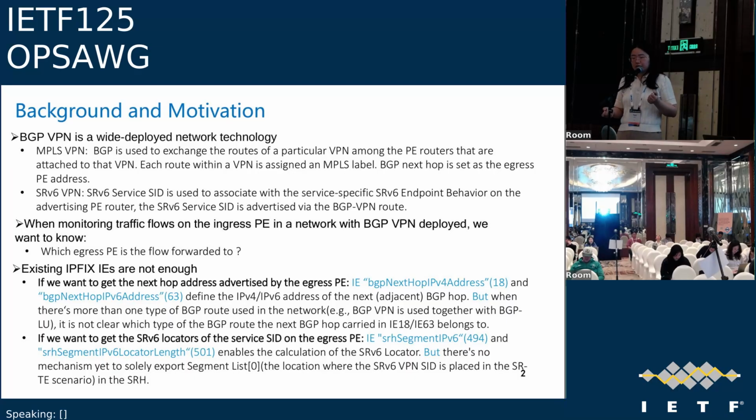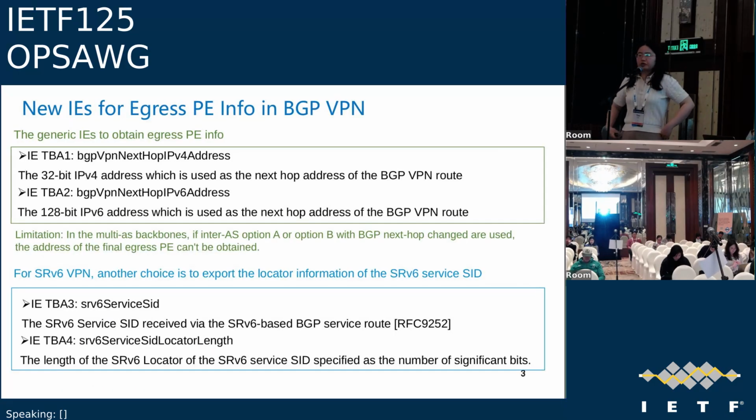Although they enable the calculation of the SRv6 locator, there's no mechanism yet to solely export the segment list 0, which is the location where the SRv6 VPN SID is placed in the SRv6 scenario in the SRH. So we couldn't get that information as well. So we propose new information elements to solve this problem.